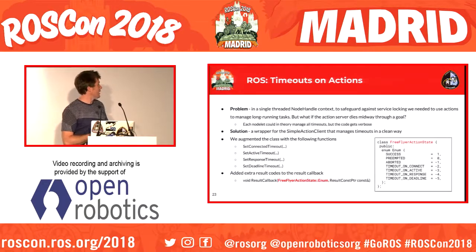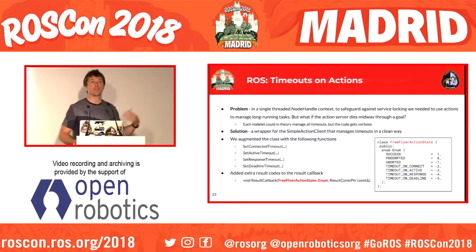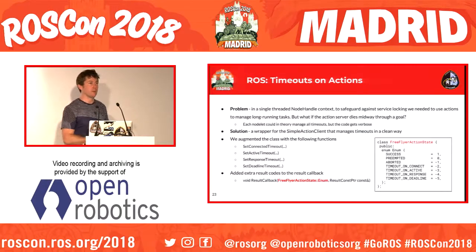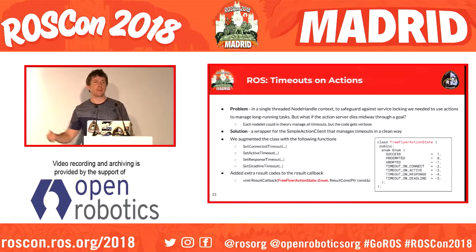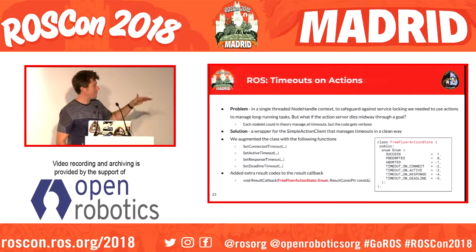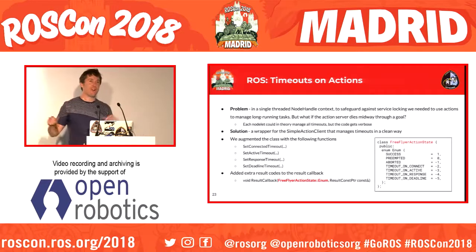So we use them extensively across our system, but we found that we needed a little bit more control over what happens when there are timeouts. So if you don't get a response on a goal, or you don't get feedback, we added a number of different timeouts which you can set. And so we've got our own free flyer action class which provides that augmentation for us.